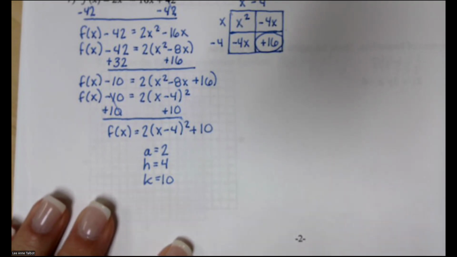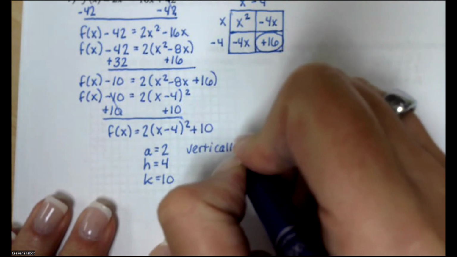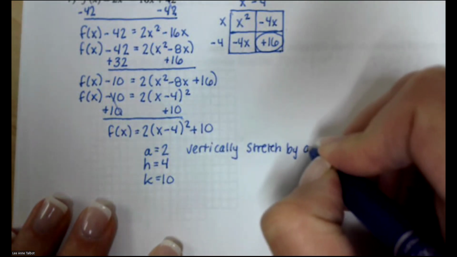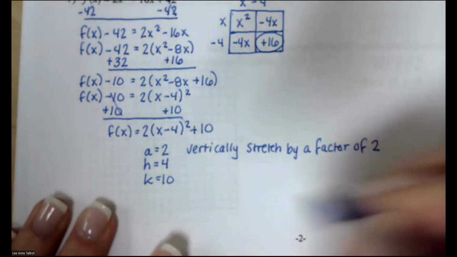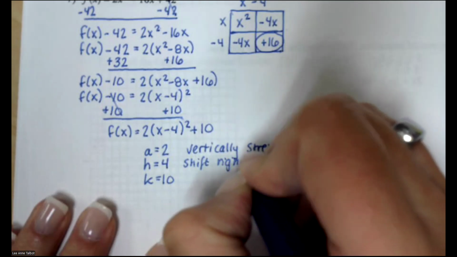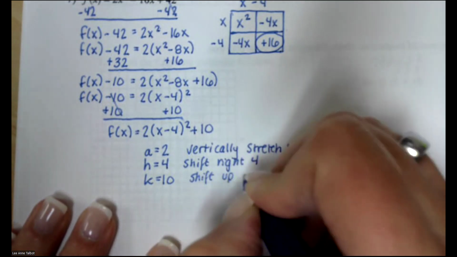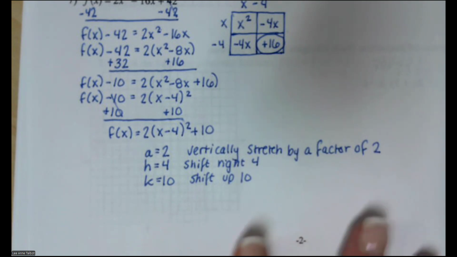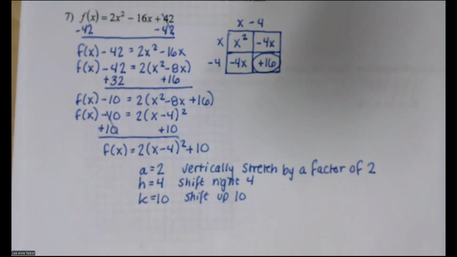Positive 4 on the H, by the way, be very careful. Any questions about number 7? We're getting the vertex form down.